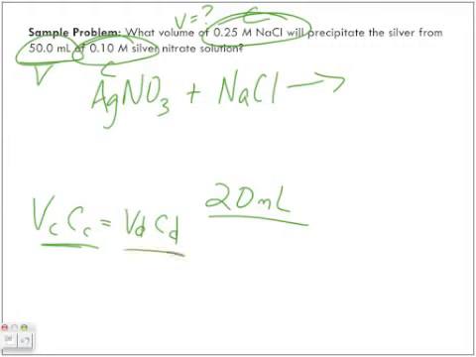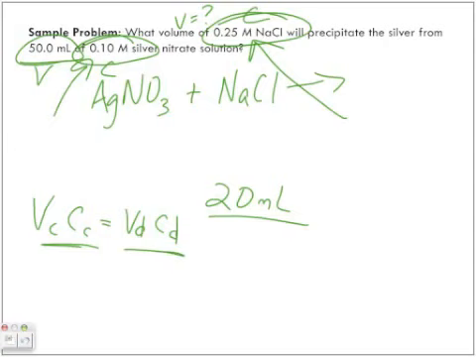It meant that the number of moles was exactly the same. So whatever number of moles we're getting here is not going to be. We have to figure out the number of moles we're actually using of that. So that's why we have to use stoichiometry.